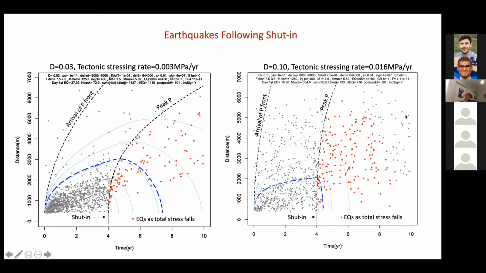And these events out in this area at these times are the tectonic stressing taking over again compared to the fluid pressure perturbation. The gap in events here close in is smaller, confined to this area. This arises because the pressure is falling so fast that it actually quenches the nucleation process. Earthquakes are starting to nucleate, but then they're turned off because the pressure falls fast enough to quench that self-driven nucleation.